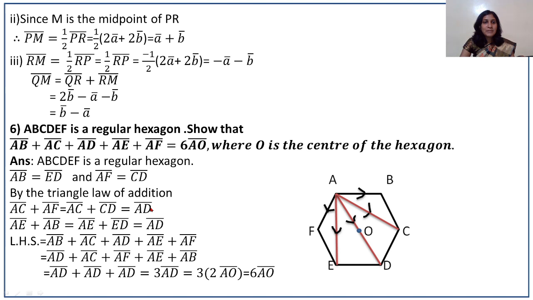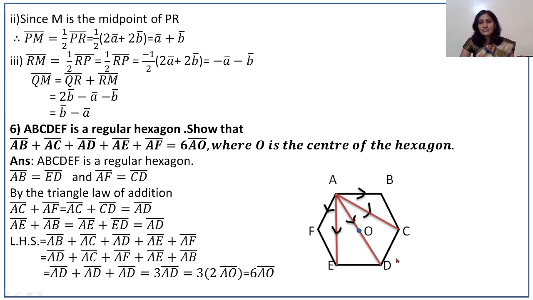AC bar plus AF bar is AD bar, so we write AD bar here. Then AE bar plus AB bar is also AD bar, so we write AD bar here. This AD bar remains as it is. So AD bar, AD bar, AD bar: these are 3 times AD bar.